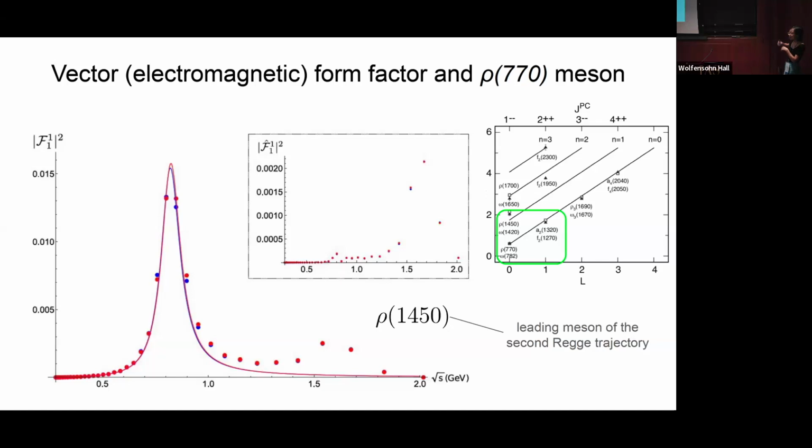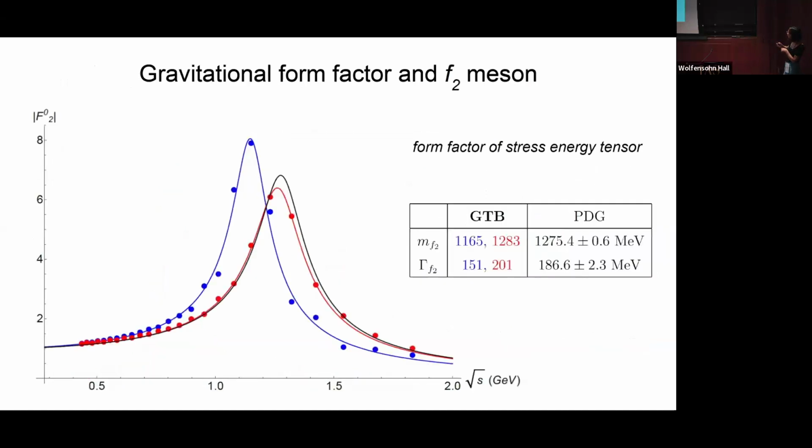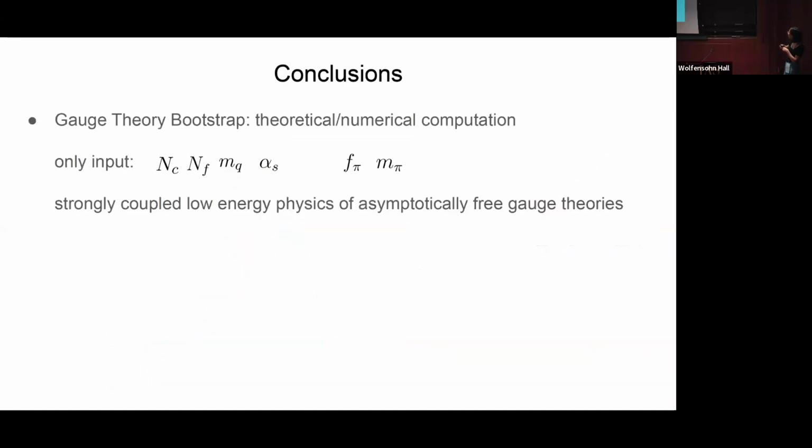To obtain the rest, we need to improve the numerical precision and to see what happens. And finally, in the spin 2 case, this is the gravitational form factor where we have the F2 meson, and we can do the same thing. So let me conclude.